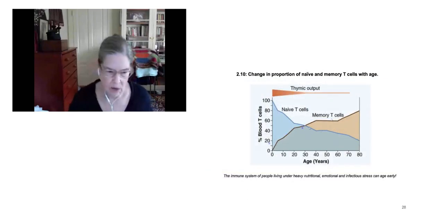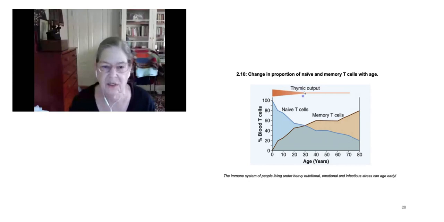Okay, so finally, we have memory T cells. So this is like me. I'm in here somewhere, getting close to the 70s. And you can see in the young, you've got a lot of naive cells, but they start to fall during your lifetime.